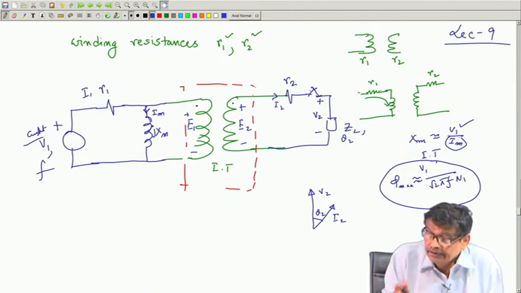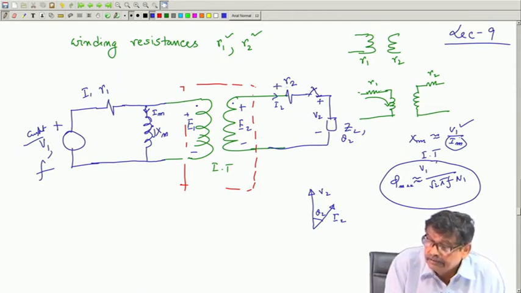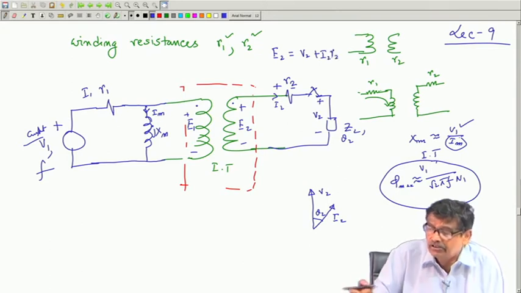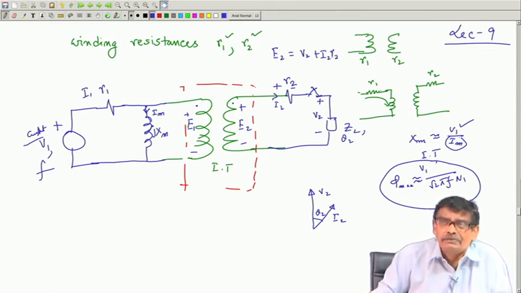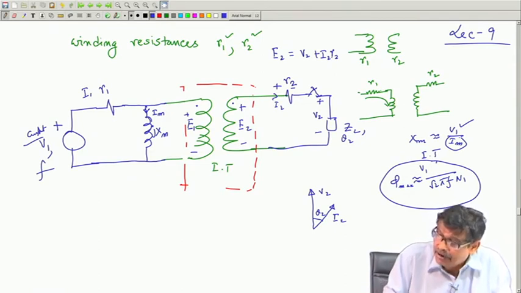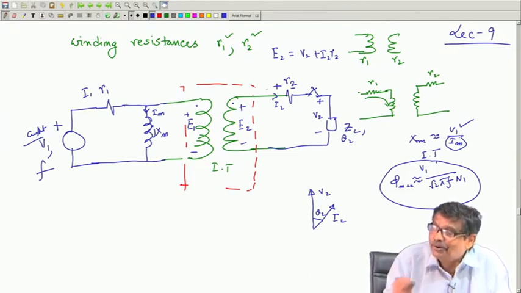Then I will say, look here, your E 2 is equal to V 2 plus I 2 R 2. Follow the logic. The diagrams may be a bit clumsy, but this is what is going to happen. Suppose V 2 is known, V 2 and I 2 you draw. Then I have to add to V 2 this I 2 R 2 drop.